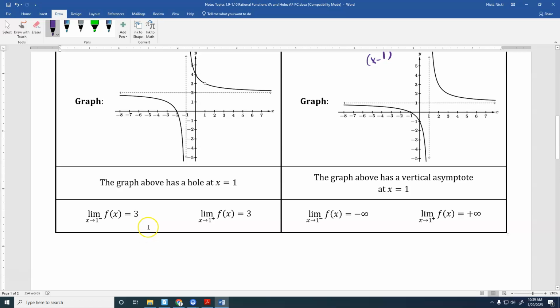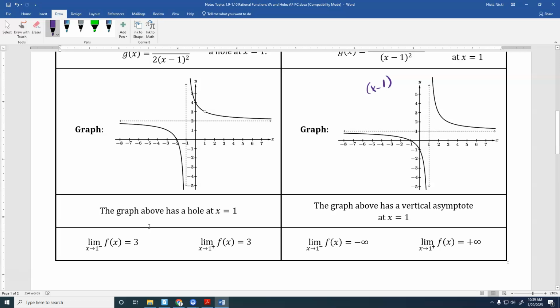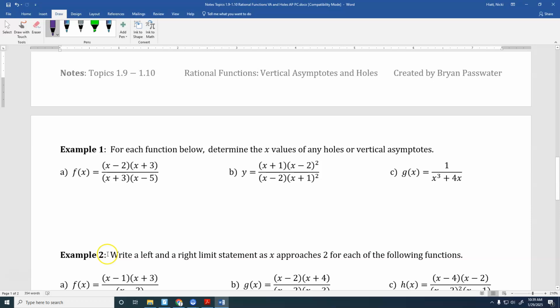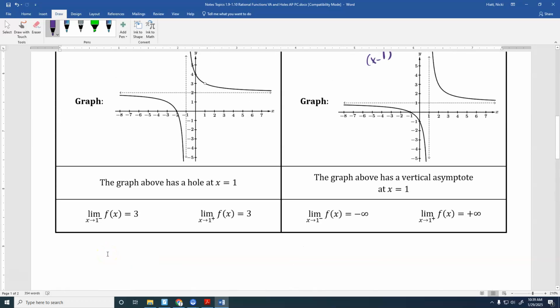Now, they do have us doing a little bit of limit notation here. At a hole, your limit is going to approach a certain value. This is some new terminology, and I don't think he goes through it later. I feel like I should add some limit terminology in before I do this, but we'll figure it out now.